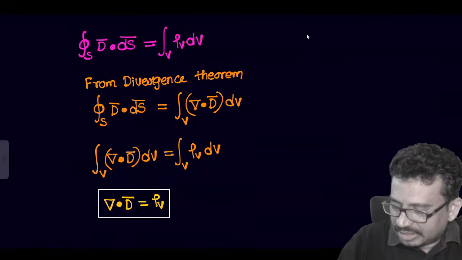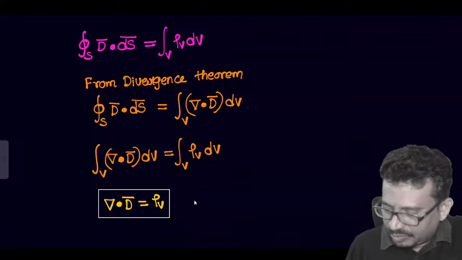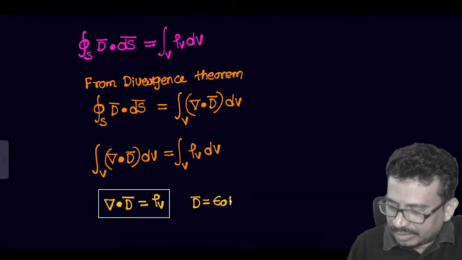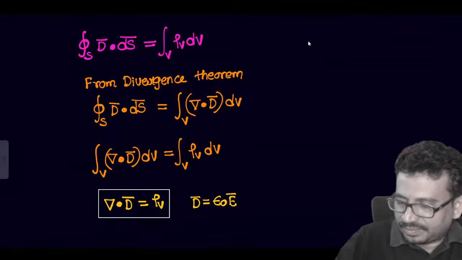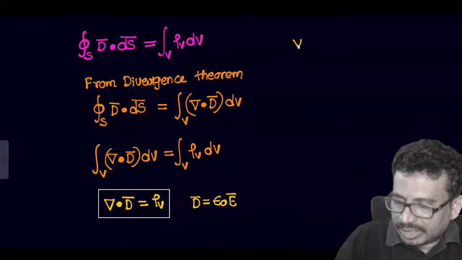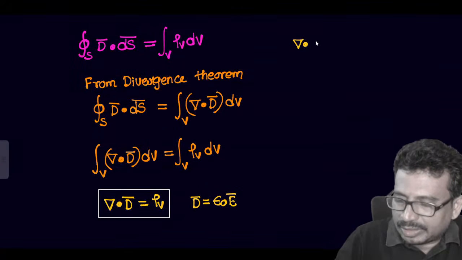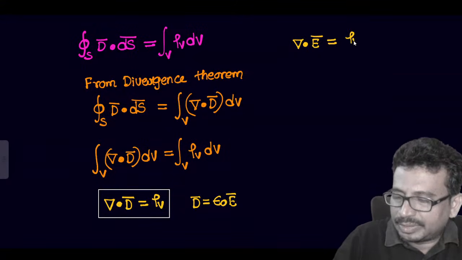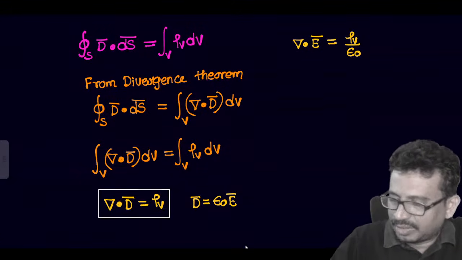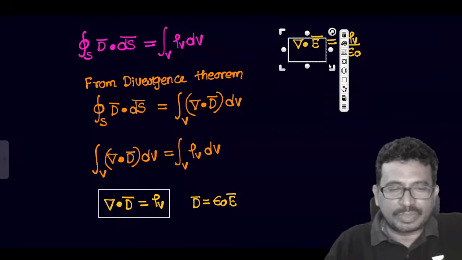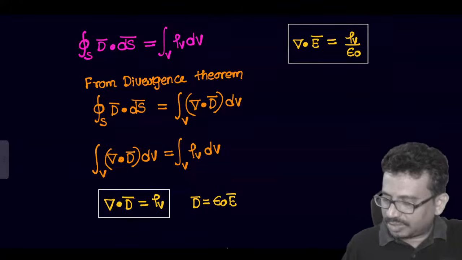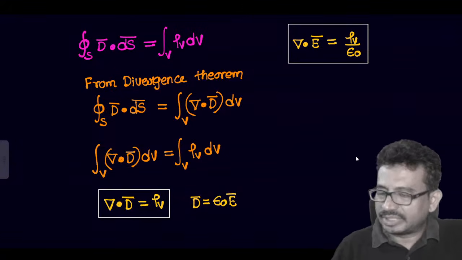We know the relation between D and E: D is equal to epsilon naught into E. We can place this one. So from this we can write del dot E, which is equal to rho v by epsilon naught.